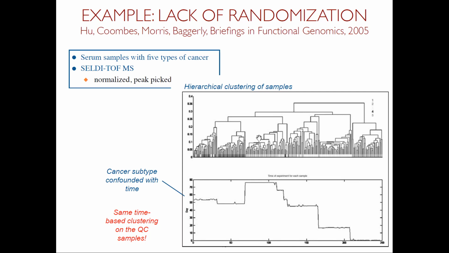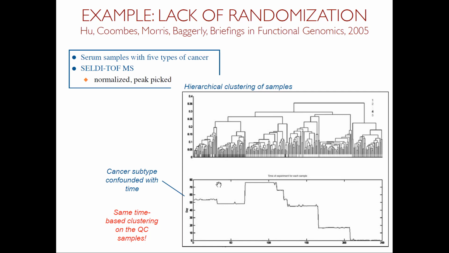And they did class discovery. This is the first goal, right? They tried to cluster samples, and they found more than 5, looks like 6 subsets, so 6 subgroups. And they were excited, thinking maybe we found a cancer subtype or something like that. Now they made a second plot where the x-axis is exactly the same as here, but the y-axis is the day when the samples were collected.